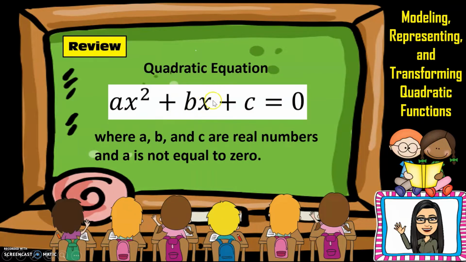Dahil ang matitira po is yung ating linear term na lang at saka si constant. And when we say linear term, yung highest degree of exponent na lang natin is 1 since wala na nga po tayong quadratic term. So therefore, tama talaga yung condition natin na yung a must not be equal to 0 for us to say that the given equation is a quadratic equation.